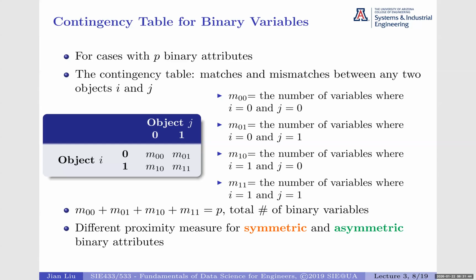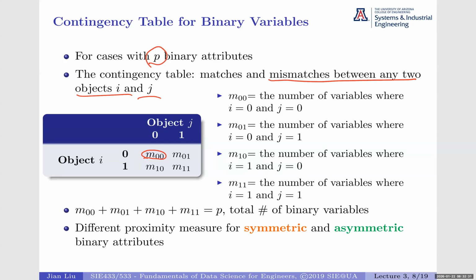If we have P binary attributes or P binary variables, the contingency table matches the mismatch between the two objects I and J. We have 2 columns and 2 rows in this contingency table. 2 columns are for object J. 2 rows are for object I. So M00 means the number of variables where both data objects have a 0 as the value for the binary variable.